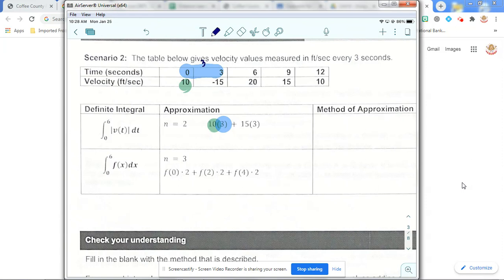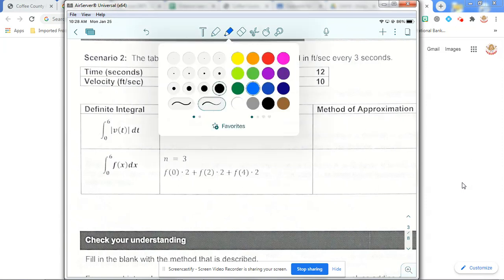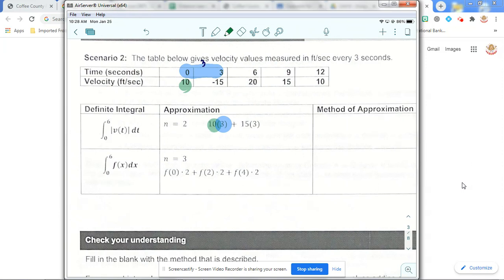Okay, and then for the next one, this one is a little different because I have 15 here, but I have negative 15 there. Where do you guys think that came from? Like, why did it change? Well, the reason it changed is because our function is the absolute value of v of t. So that's why we use the 15 and not the negative 15.